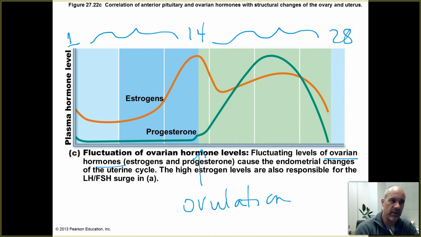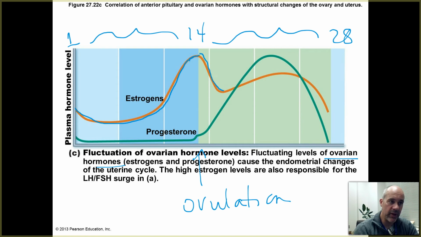And as we discussed in the last video lecture, estrogen levels gradually rise as the follicles have been stimulated, and those thecal cells and granulosa cells are cooperating to produce more estrogens. Estrogen levels go up. Then after ovulation, they drop back down pretty quickly.